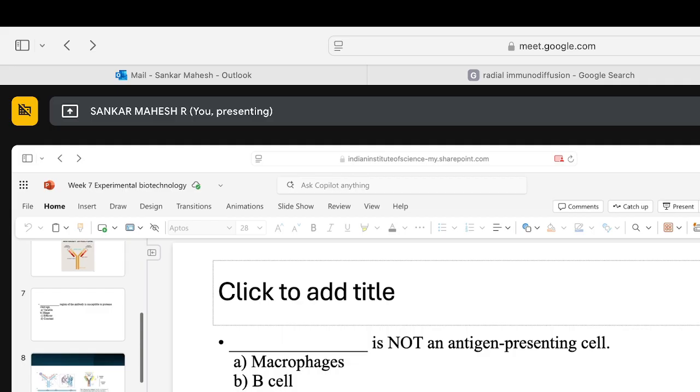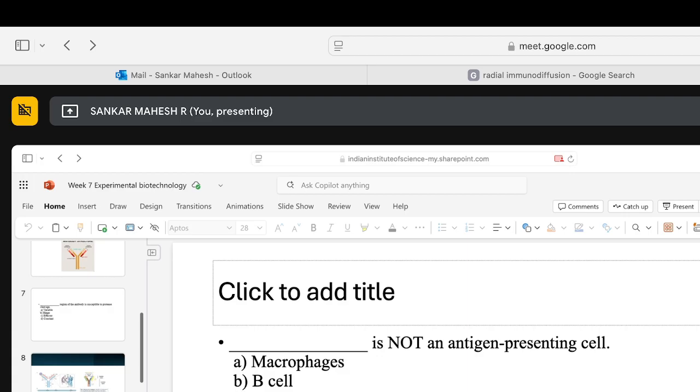So does anyone want to try answering what an antigen presenting cell is? Sir, may I? Yeah, sure. So antigen presenting cells are nothing but whenever macrophage, T cell or dendritic cell encounters an antigen, it binds to it, and then it's going to process it, means it's going to break down into fragments.